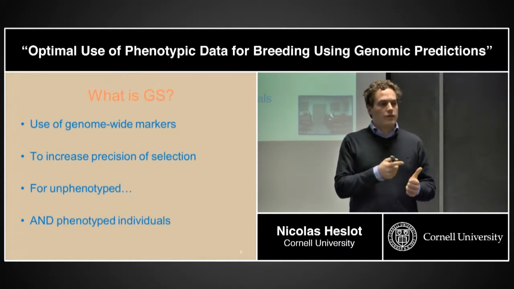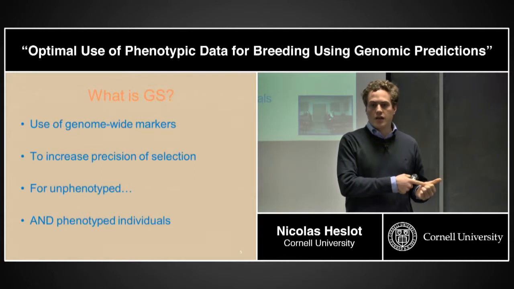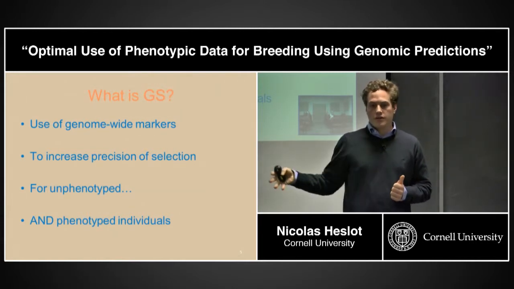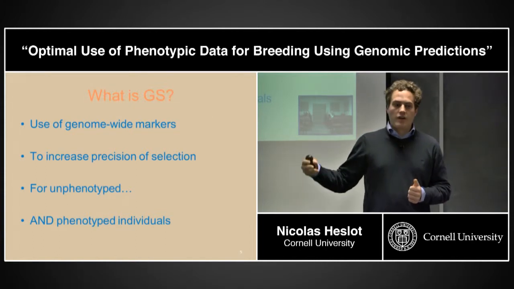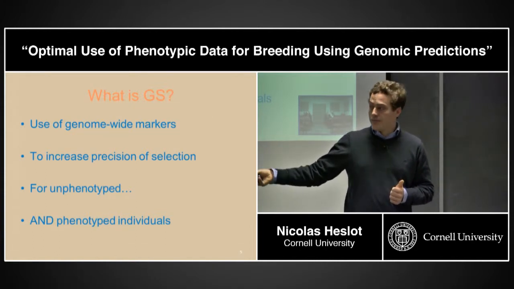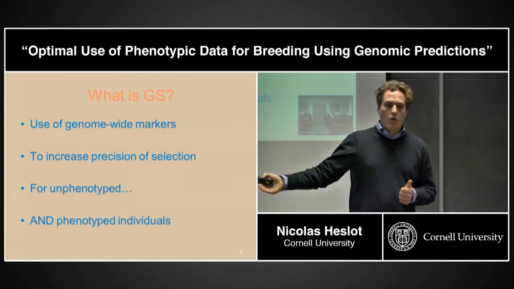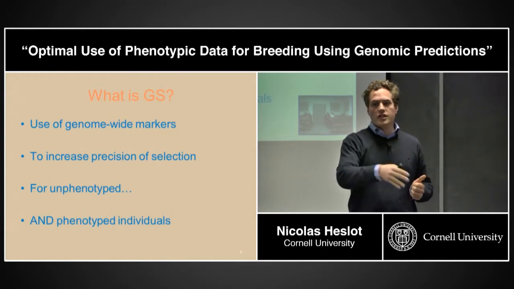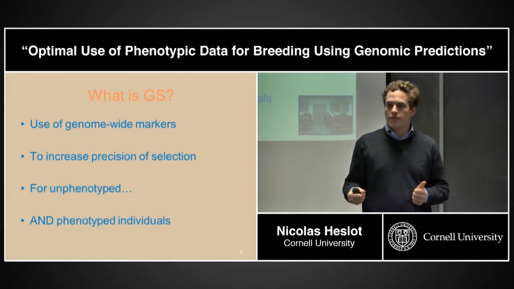It could be for individuals for which you have phenotype on some trait, but not other traits. So you could combine phenotype plus markers on other traits. Or it could even be individuals for which you have genotype and phenotype, but low quality phenotype. So you could combine phenotype on the candidates themselves plus markers to increase the precision of selection.